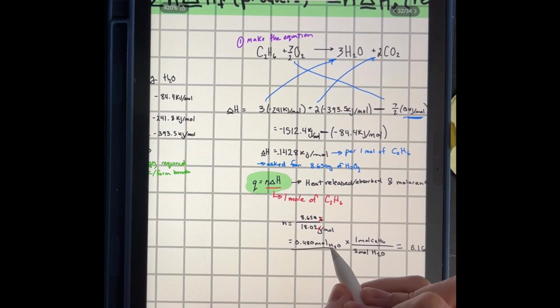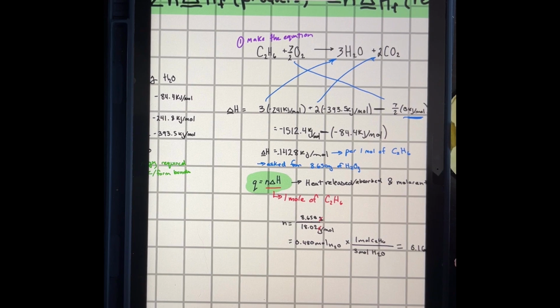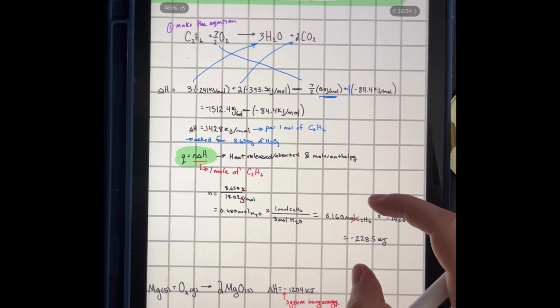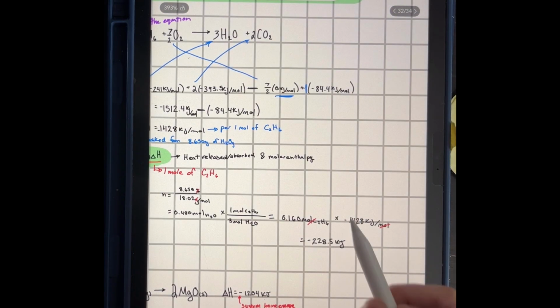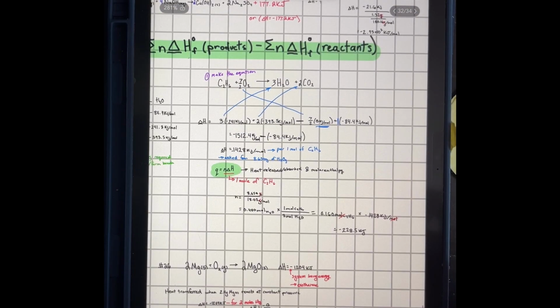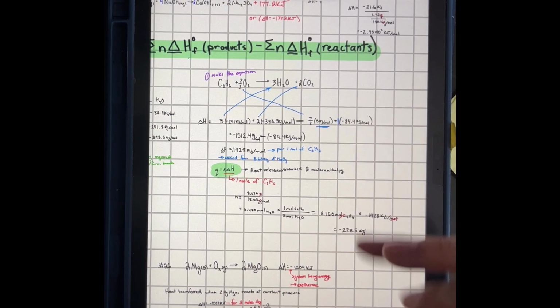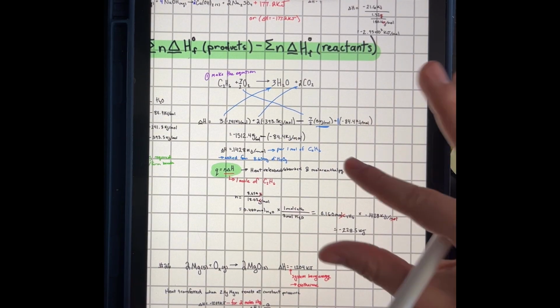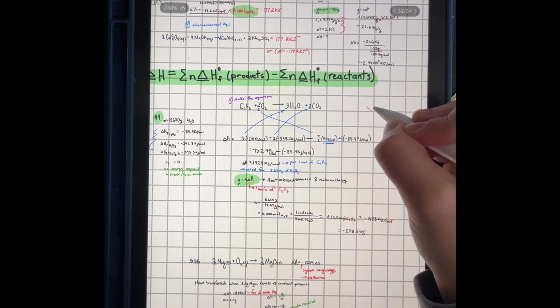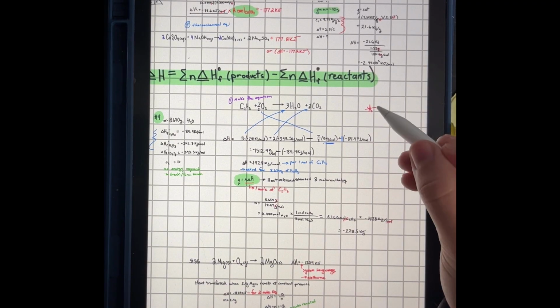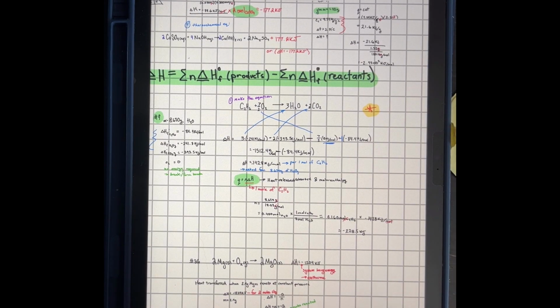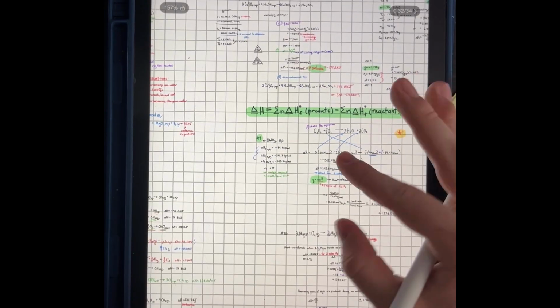So we get 0.8480 moles of H2O times 1/3, because we have it already in terms of C2H6. So it's 3 moles H2O to 1 mole C2H6. We multiply the amount of moles by that, bam, we get it. I'm going to go over some of these on my own time. I'm just going to put a little star here because it's very easy, but it's going to be hard if you're not good at it.